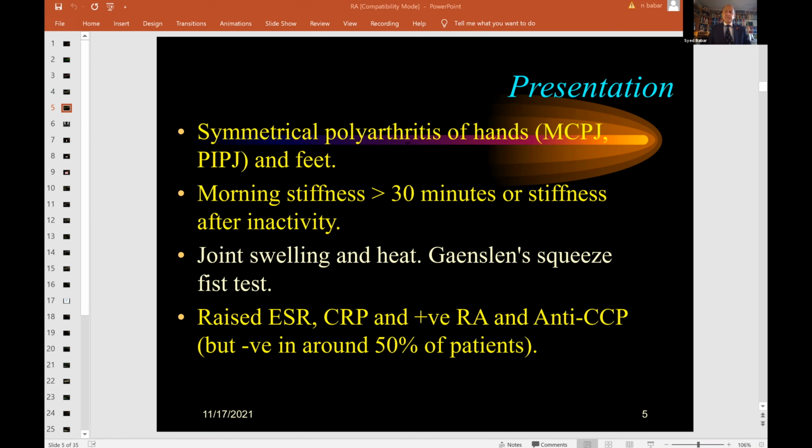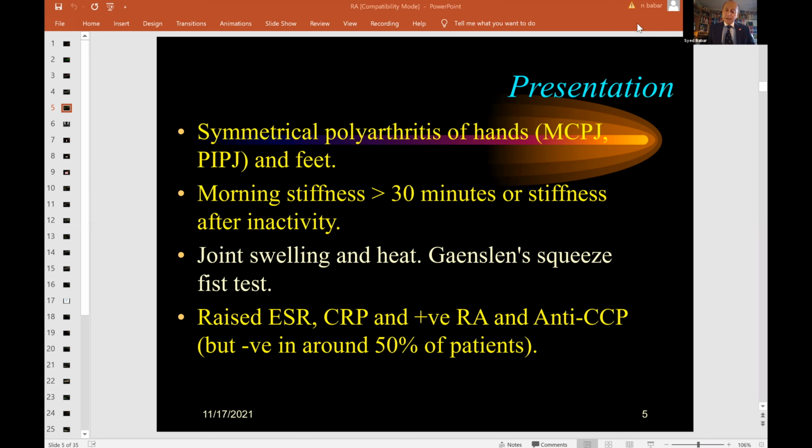In reality, when it presents itself, there is usually a symmetrical polyarthritis of the metacarpophalangeal joints and proximal interphalangeal joints of the hands and feet. It is also characterized by early morning stiffness of the joints lasting for more than half an hour, or, when the person has been inactive, stiffness lasting for a much longer time.